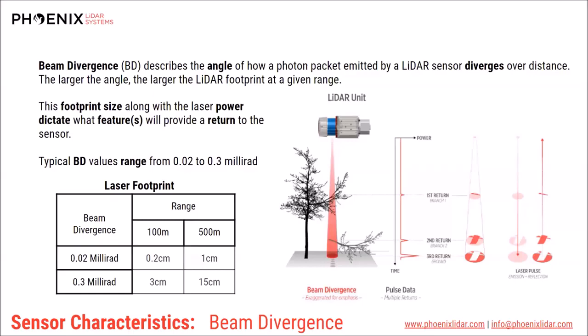Focus is a nice way of thinking about beam divergence. A wide beam divergence will essentially, quote unquote, detect a larger area, but the return will not be as distinct or precise due to a lower signal to noise ratio from the return. A narrower focus, a tighter beam divergence, will allow for a greater penetration of vegetation and capture of the ground.